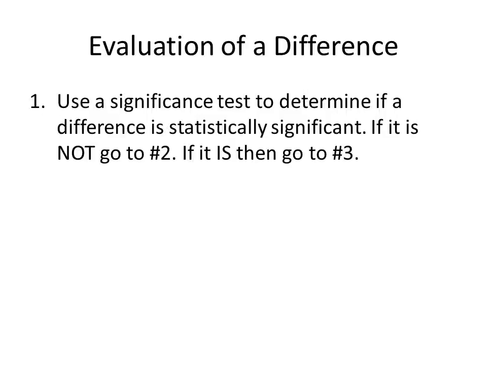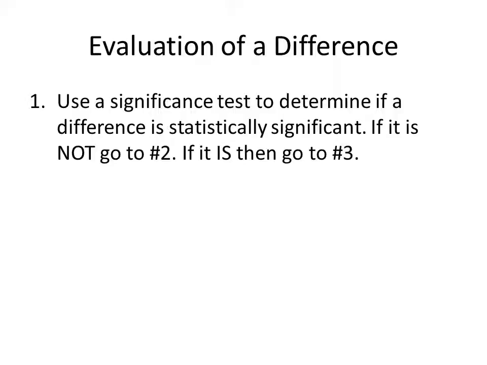Now, you might be wondering why researchers conduct significance tests, and here let's keep in mind the three-step process in which significance testing comes first. The first thing is to use a significance test to determine if the difference is statistically significant.